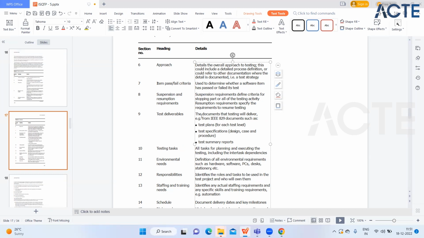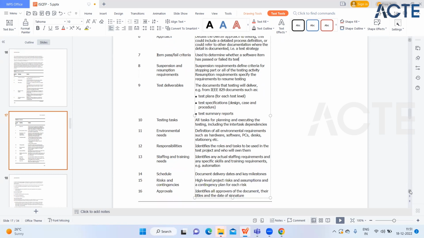So under test deliverables, we have to define every document, okay? Test plan document for each test level, test specification, design, case and procedure document, and test summary report. So if you get a question where we are defining the test summary report, the answer will be test deliverable, okay?